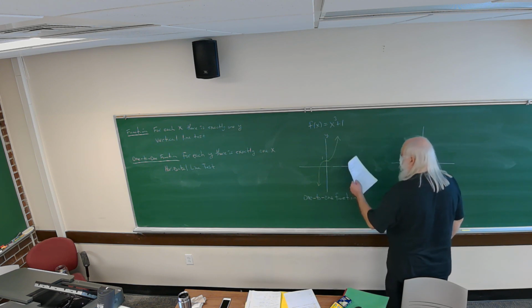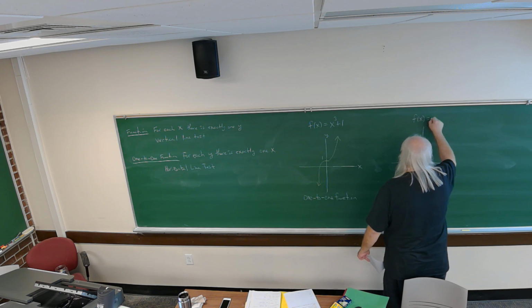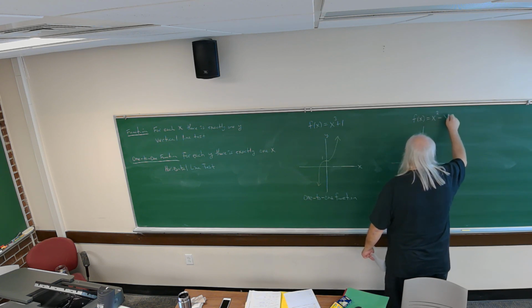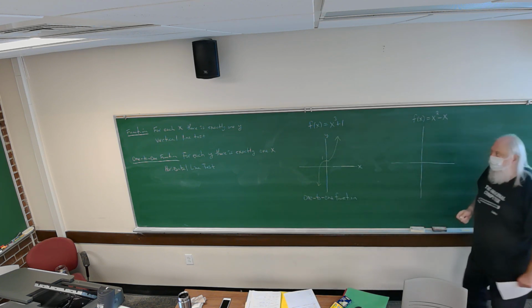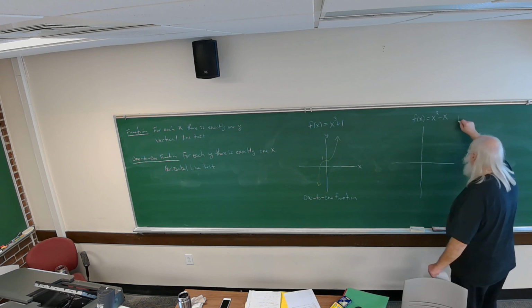In B, we have f of x is equal to x squared minus x. What's the graph of this function? It's a parabola.